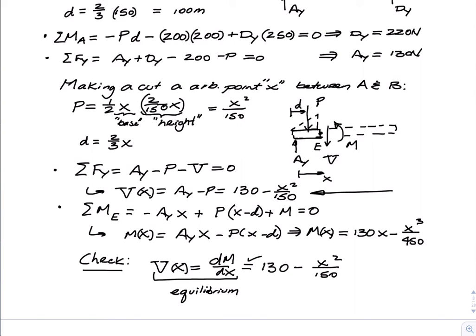So again, our goal here was to find the internal shear force, V, and the bending moment, M. In order to get that, though, we first had to find our reactions. Once we had the reactions, we made the cut at the appropriate place, used equilibrium equations in order to find the shear force, V, and the bending moment, M.